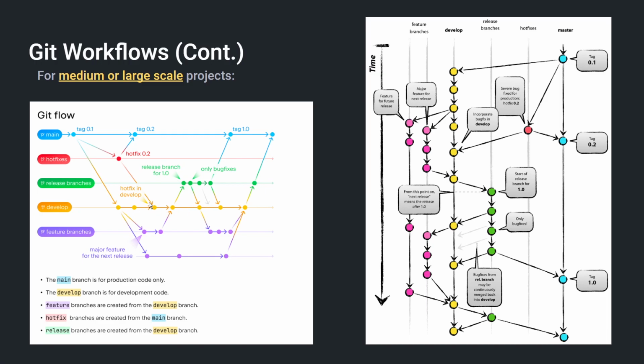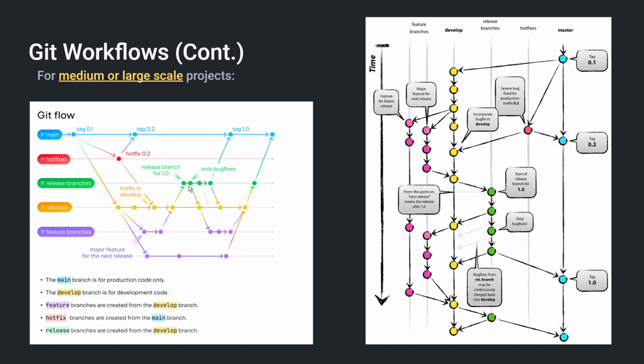Once the code's stable enough to be released, you would create a release branch. And in this release branch, you wouldn't be adding a bunch of new code. It would be only bug fixes that you'd be looking for and fixing.